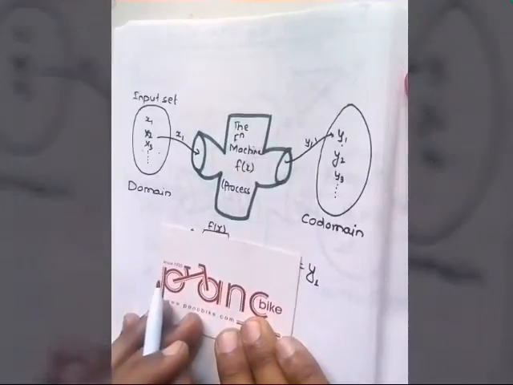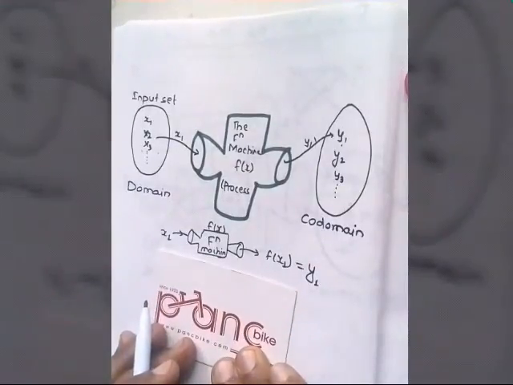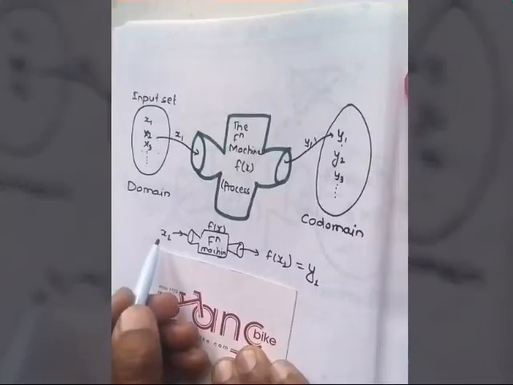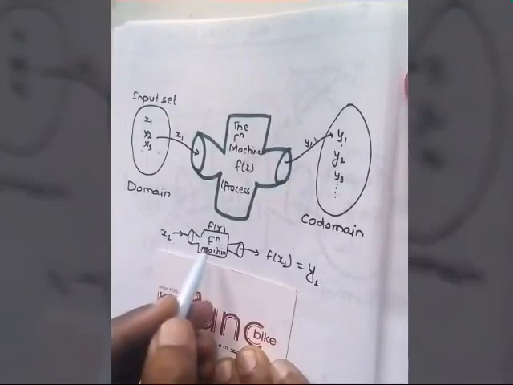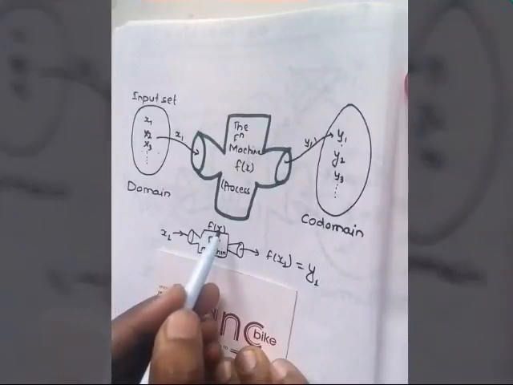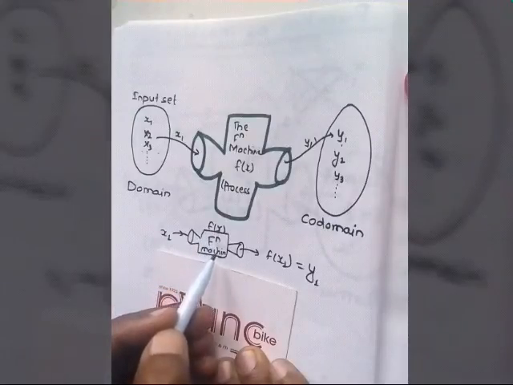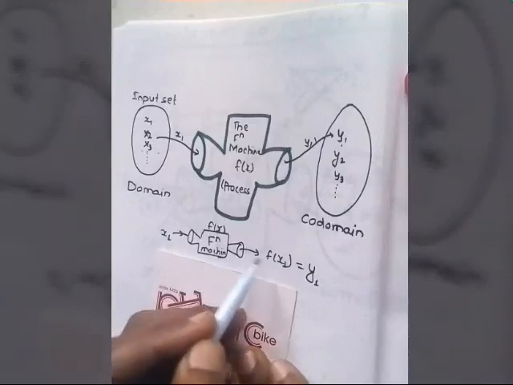Now I want to give you some more terminology. Say I have taken a particular example. If we keep x1 in the function machine, let's consider this function machine to be f of x. When you keep it in this machine, the machine processes and gives you the result f of x1.